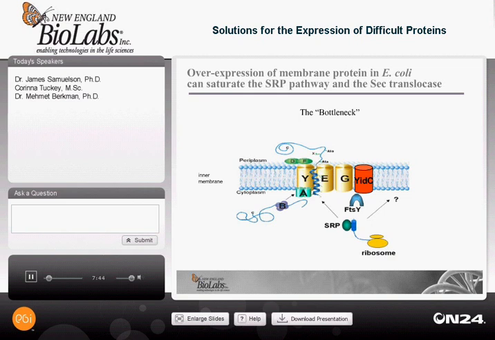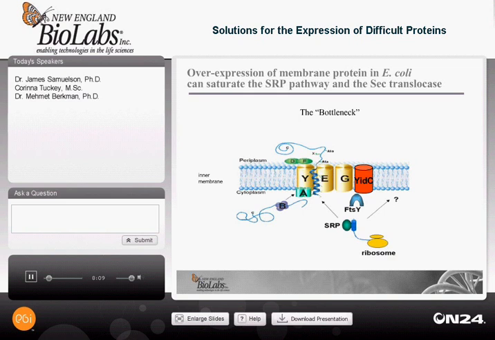Therefore, the Sec translocase is recognized as the major bottleneck when a heterologous membrane protein is overexpressed in the cell. If the SRP-Sec pathway becomes jammed by overexpression of the target, then the host cell will simply stop growing. So to avoid this problem and to avoid loss of expression, membrane protein expression should be finely tuned to a level that is tolerated.